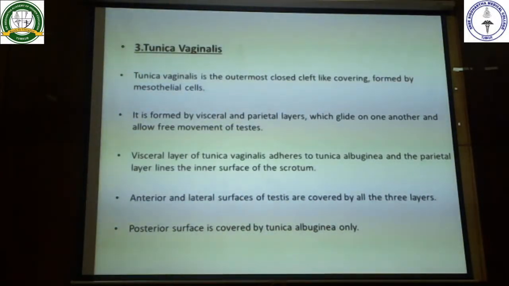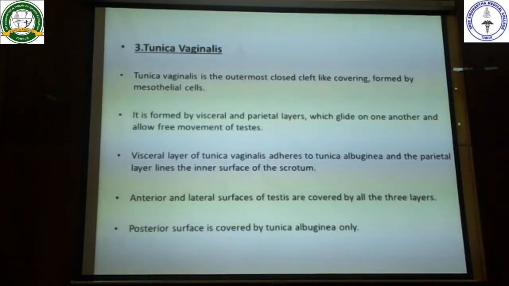tunica vaginalis. This tunica vaginalis is the outermost closed cleft-like covering, and it is formed by mesothelial cells. So points to be noted here: it is an outermost closed cleft-like covering, and this is formed by mesothelial cells. This is to be underlined, mesothelial cells.